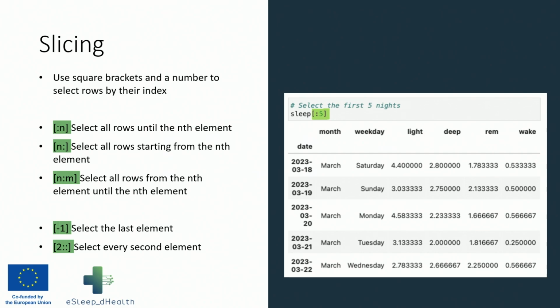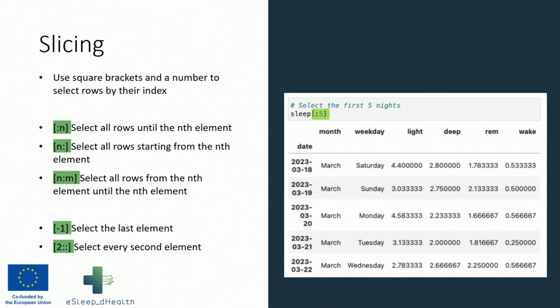That means we want to see the first 5 elements of the data frame. Here's some grammar on the left. The n stands for the nth element, so you can type in any number instead of n. Select all rows until the nth element. Select all rows starting from the nth element, that is, if you type the colon after the n.